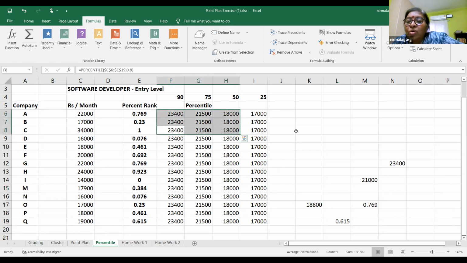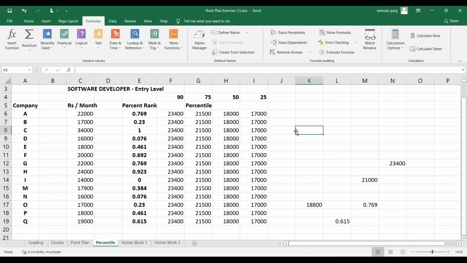Deciles also you can do: 10, 20, 30, 40, 50, 60, 70. Now, after you have converted the data into percentiles, you have to see where you want to be. So from point A, your existing salary, you want to move to point B, where you want to be. Or you don't have an existing salary, but this is what you want to pay, then you calculate that.